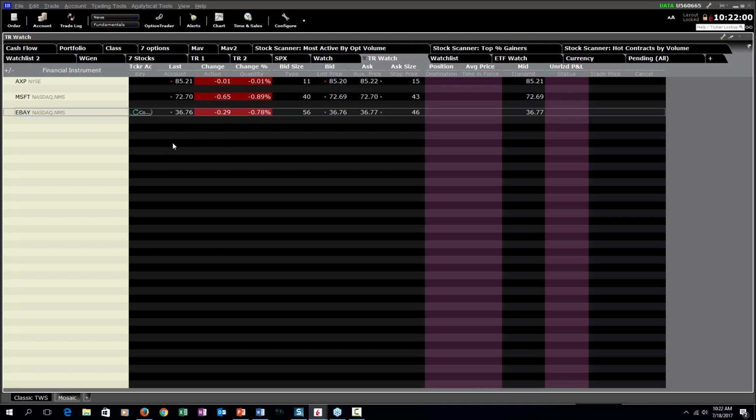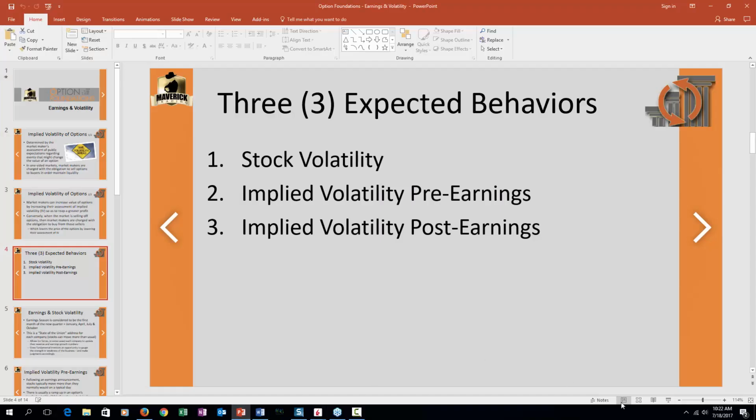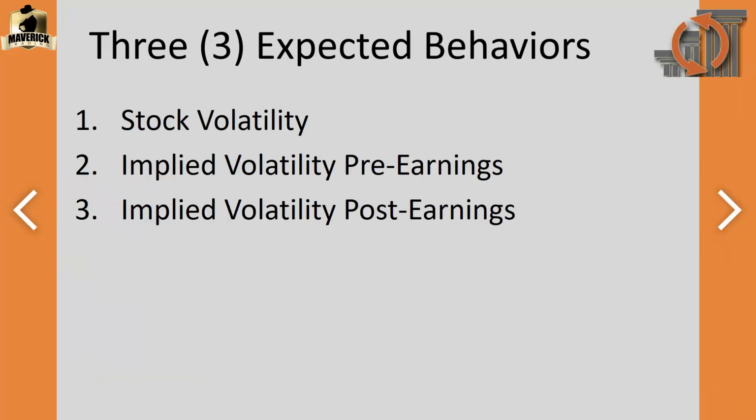Now, as we jump back over, I want to talk about 3 things to expect around earnings. These are the normal behaviors. This does not mean that this is always the way it's going to work. These are the expected behaviors. Number 1, expect more stock volatility than on a normal day.